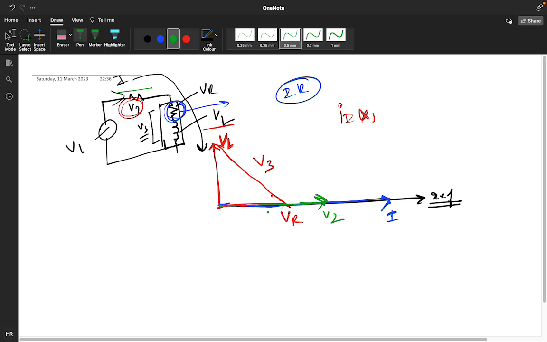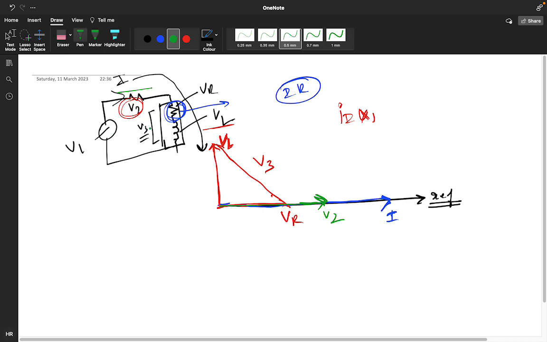Now if you want to draw the phasor, you have drawn the V3, you got the result of V3. Now you need to know the value of V1. So V1 is nothing but V2 plus V3, na?